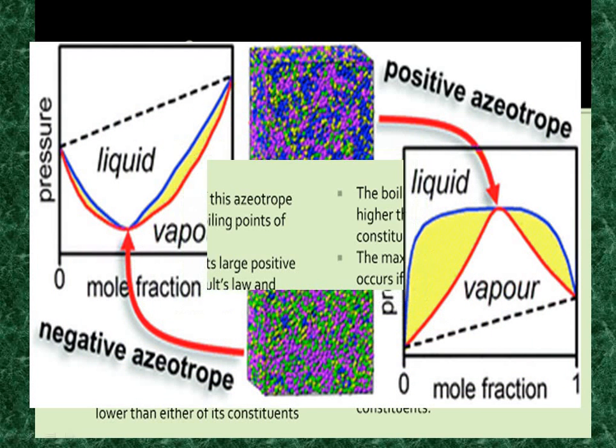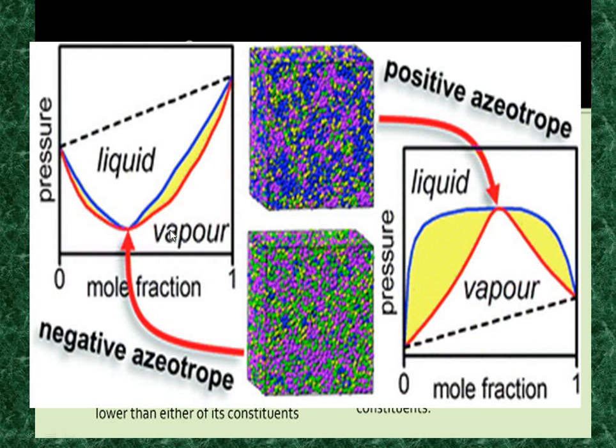This is a graph showing the positive deviation and negative deviation. I said earlier that we have discussed positive and negative deviation in the first lecture, solution part 1. I will show the link of that lecture in the comment section also, so you can easily get the information regarding non-volatile solute from that lecture.